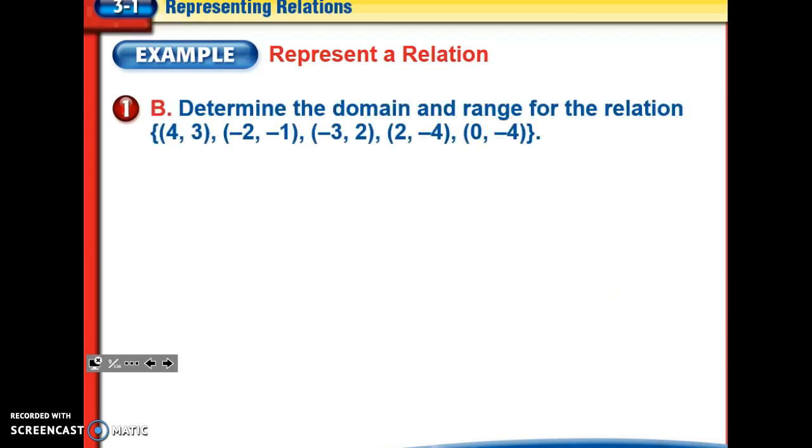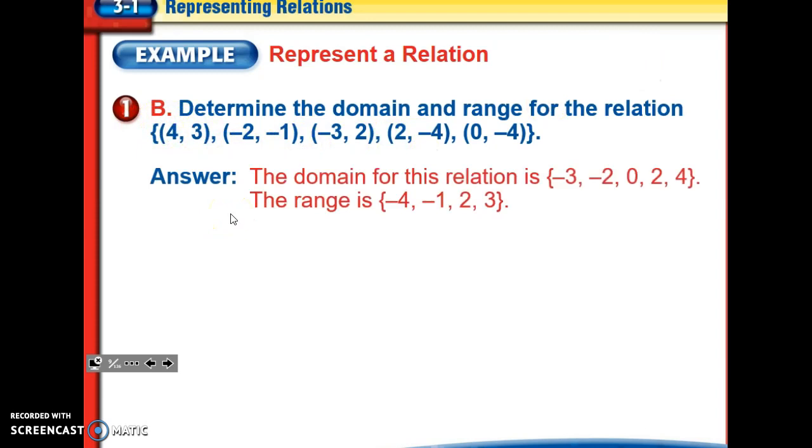All right, you try. We're going to determine the domain and range for the relation. Last year, you may have learned that the domain is all the x values and the range is all the y values. So if I'm going to look for all the domain numbers and all the range numbers, I'm going to be looking at my x and y values.